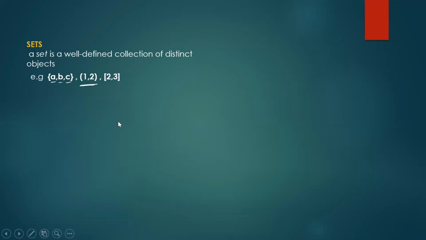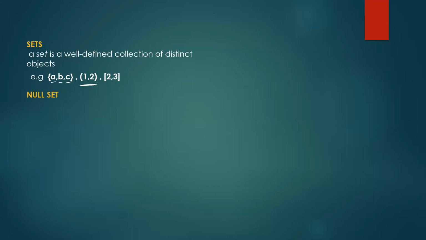I'm going to explain that as we proceed. The day we'll be looking at interval sets, I'm going to explain in detail why we say that interval sets are infinite.